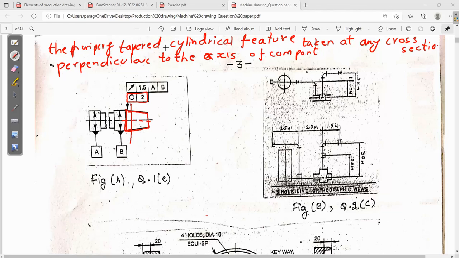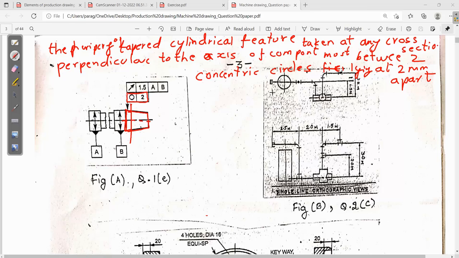must lie between two concentric circles lying 2 mm apart.